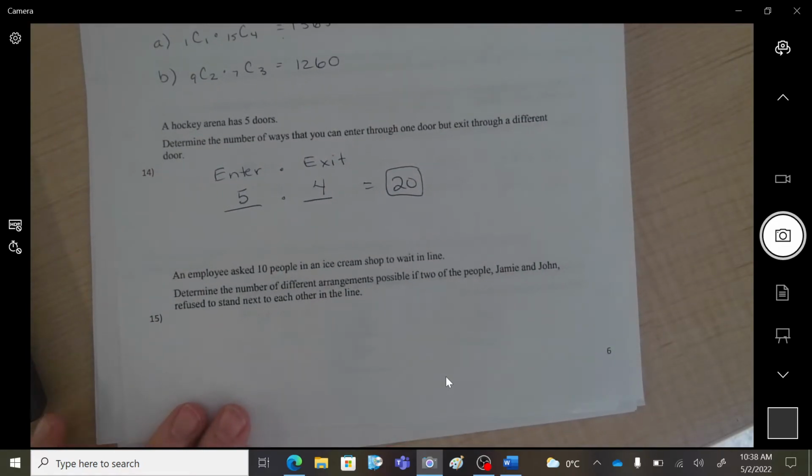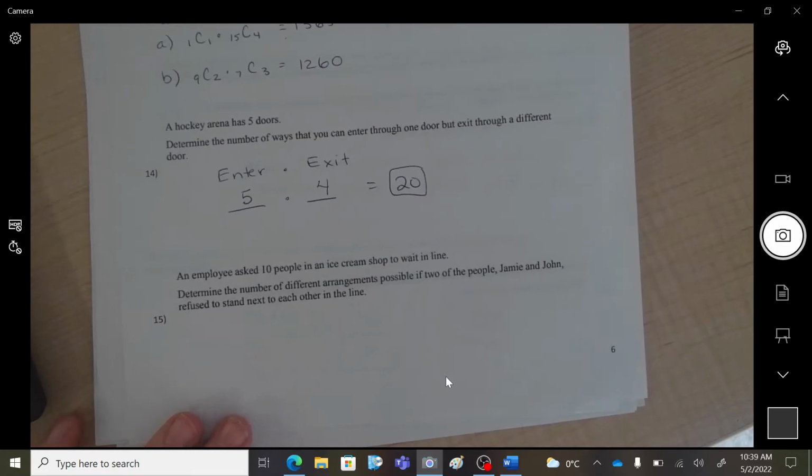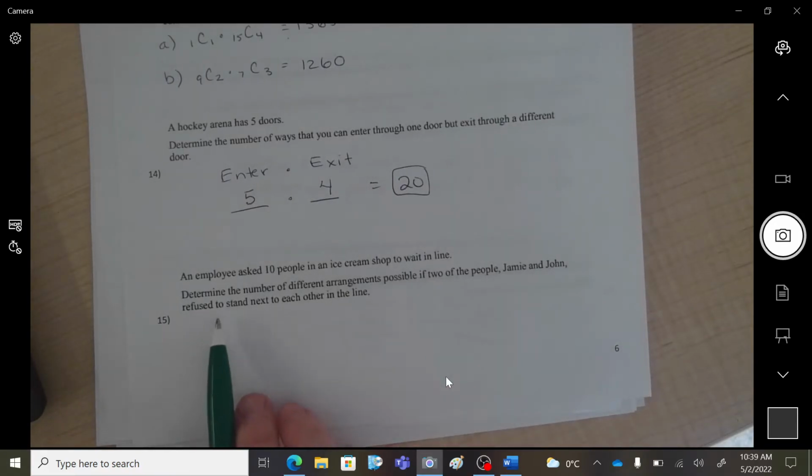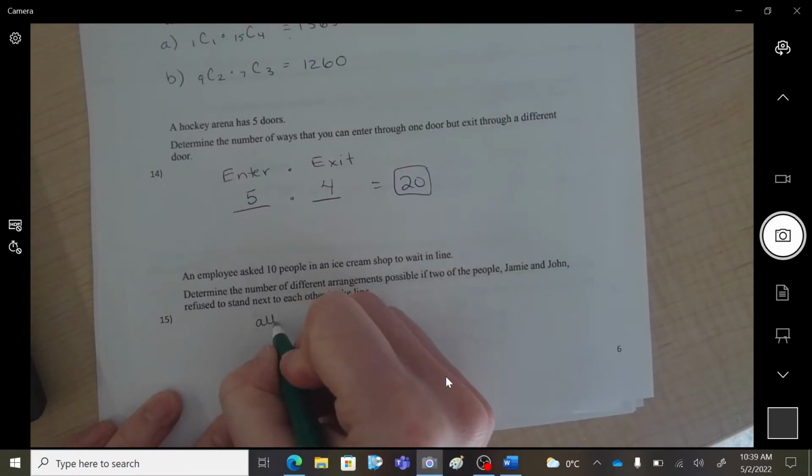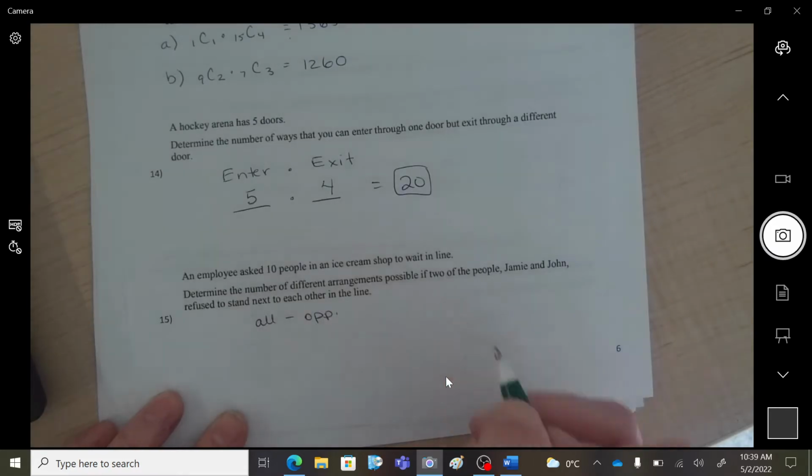15. An employee asked 10 people waiting in line at a shop, and determine the number of different arrangements possible if 2 people, Jamie and John, refuse to stand next to each other in the line. So we're going to do the all minus opposite strategy here.